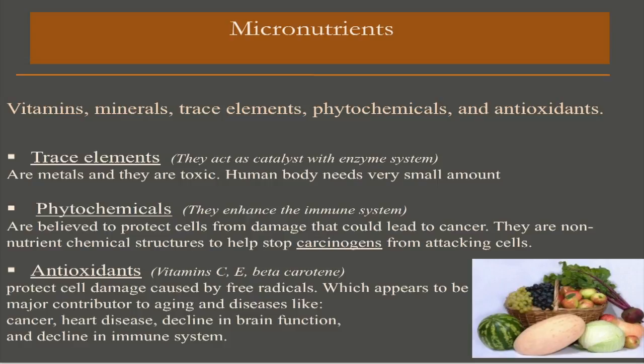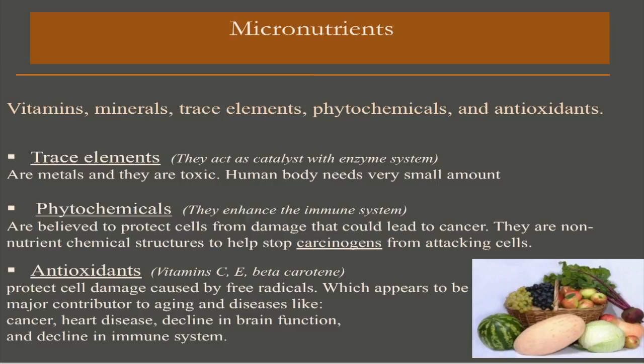Phytochemicals are believed to protect cells from damage that could lead to cancer. They are nutrient chemical structures that help stop carcinogens from attacking cells. They enhance the immune system.